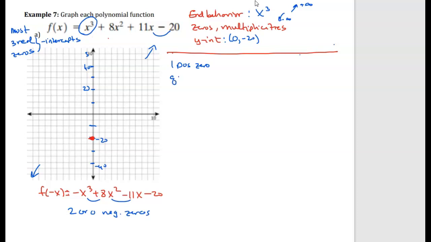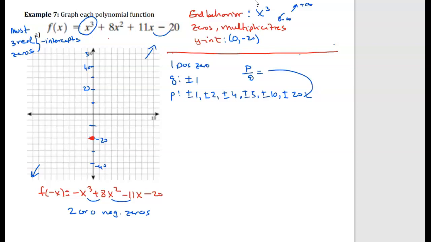Let's list our p's and q's. The q's are plus or minus 1. The p's are all the factors of 20: 1, 2, 4, 5, 10, and 20. So p's over q's are just these ones because we're just dividing by 1.